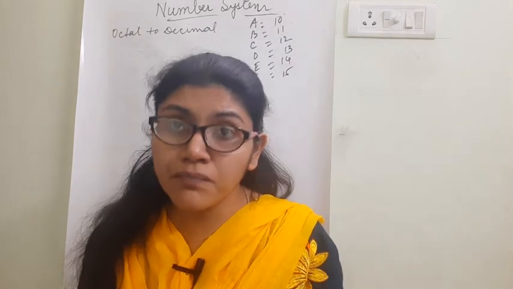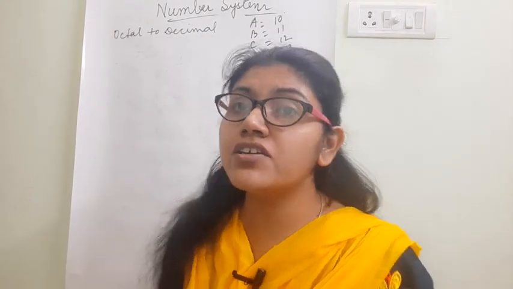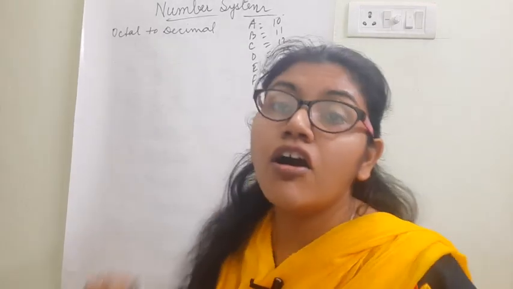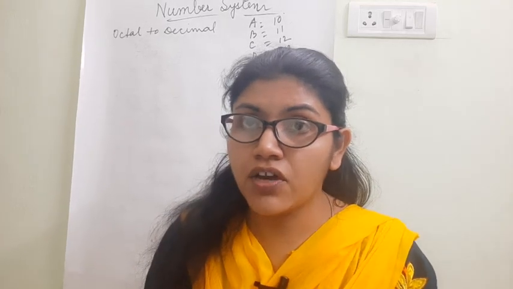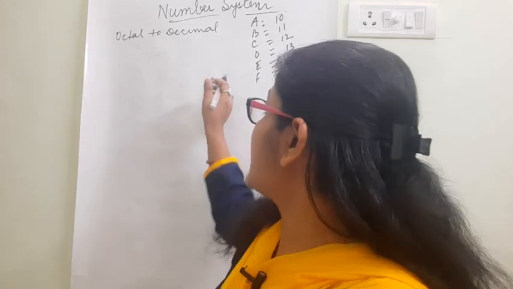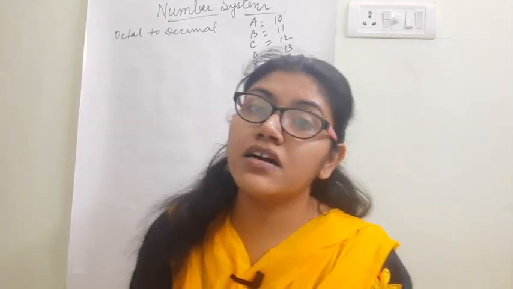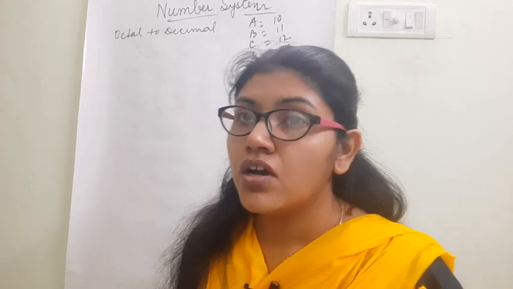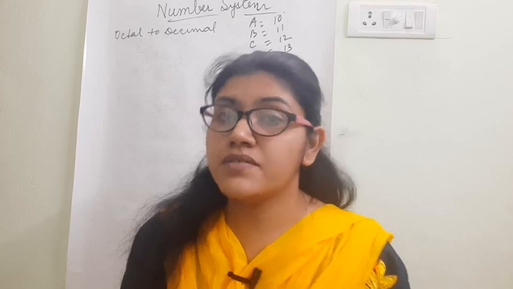They have their own binary numbers, and we convert binary numbers to decimal numbers. So total 16 digits are there, including the alphabets.